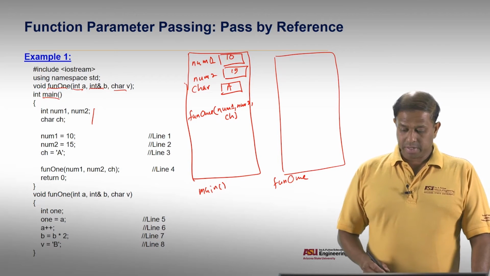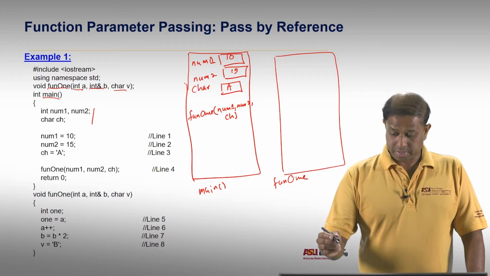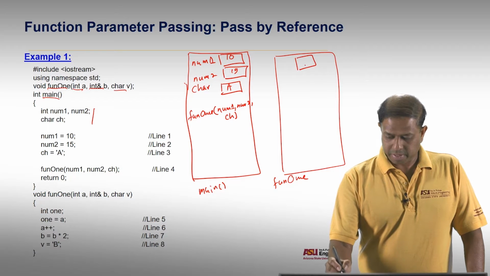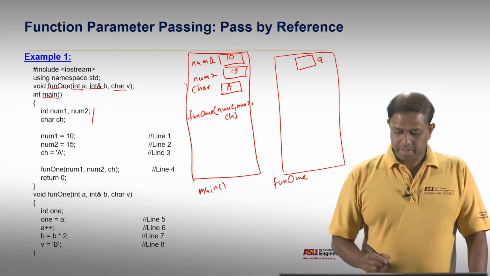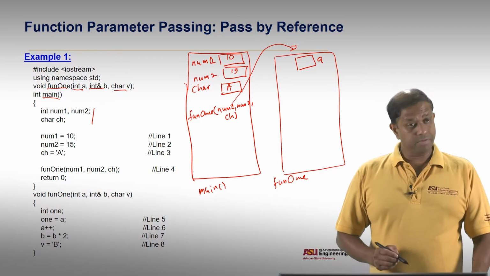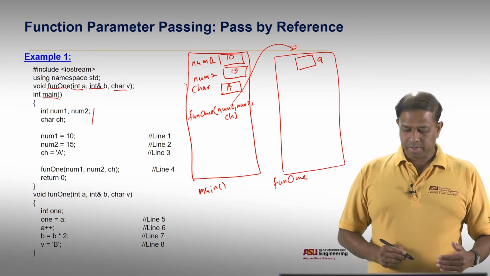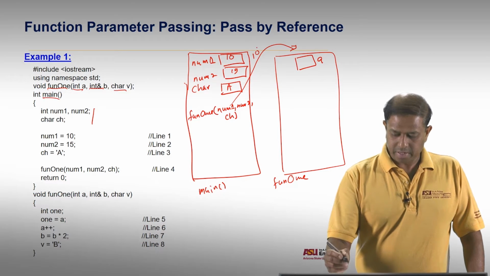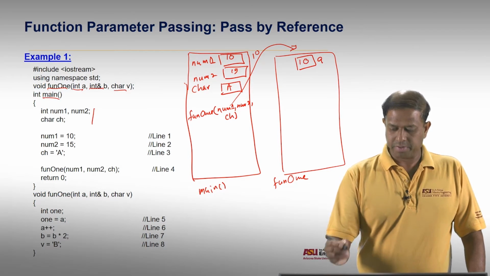When you do that, we go to the function. Inside the function we have 3 variables. The first one is variable a, which corresponds to num1. Since the first parameter is passed by value, we make a copy of the value stored in num1. That's 10, and that copy will be stored in here.